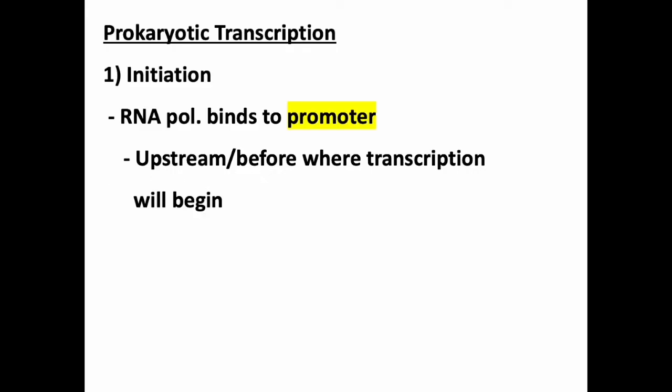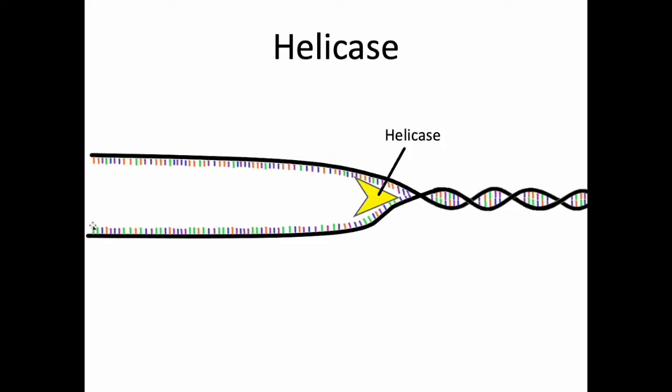Now, in some ways, we can compare the process of transcription to the process of DNA replication. In DNA replication, we needed to create a single-stranded DNA template so we could build DNA complementary to this single-stranded DNA, and we used helicase to do that. We're doing a similar thing here in transcription. We need single-stranded DNA in order to build RNA complementary to it.